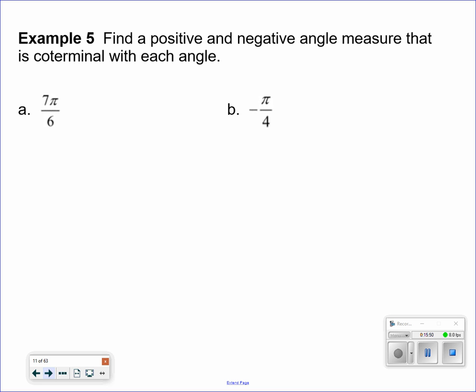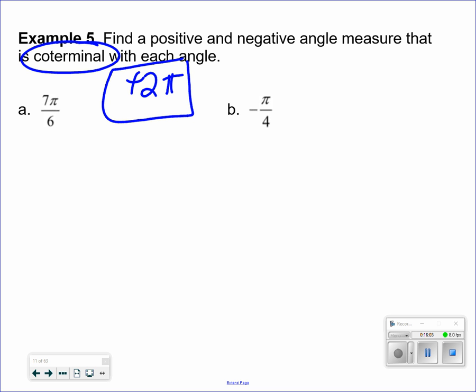Positive and negative coterminals now. Again, coterminal angles are adding and subtracting 360. Well, what is a coterminal angle then in radians? Instead of adding and subtracting 360, you're going to add and subtract 2 pi. Earlier, we talked about the fact that 360 degrees is equivalent to 2 pi.